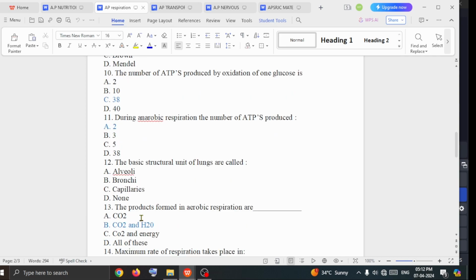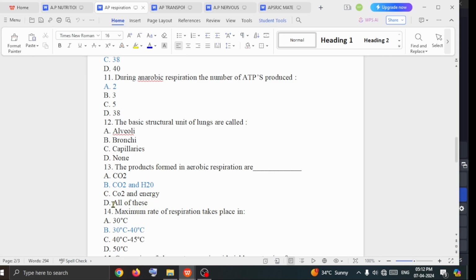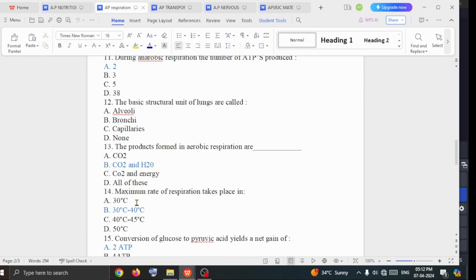The answer is alveoli. What are the products produced by the aerobic respiration? Option A, carbon dioxide. Option B, carbon dioxide and water. Option C, carbon dioxide and energy. Option D, all of these. The answer is carbon dioxide and water.